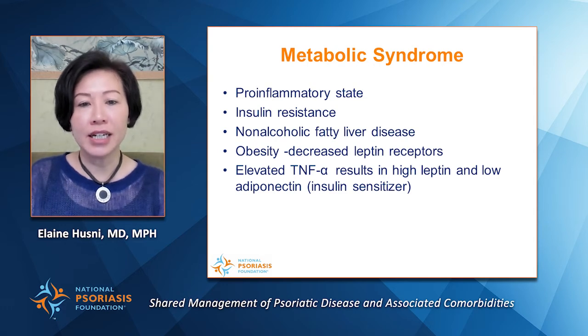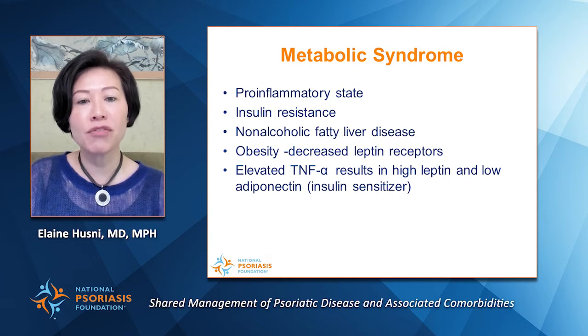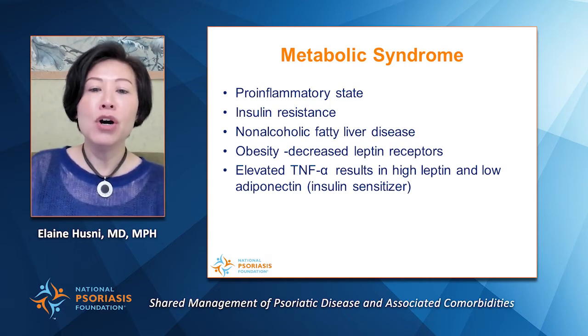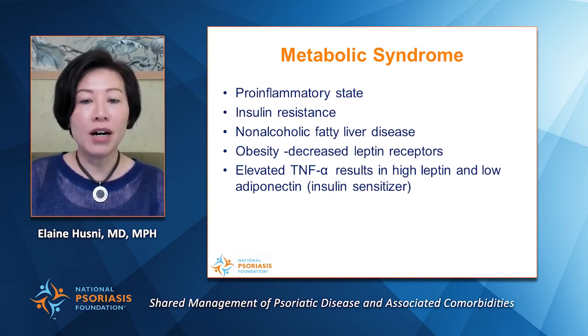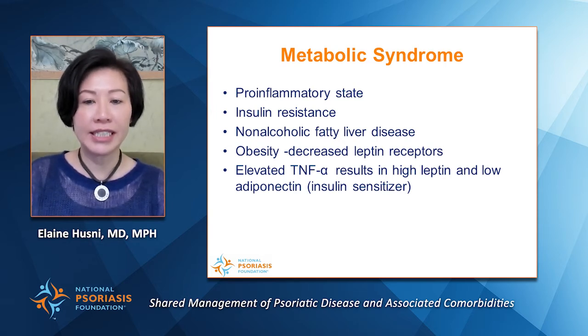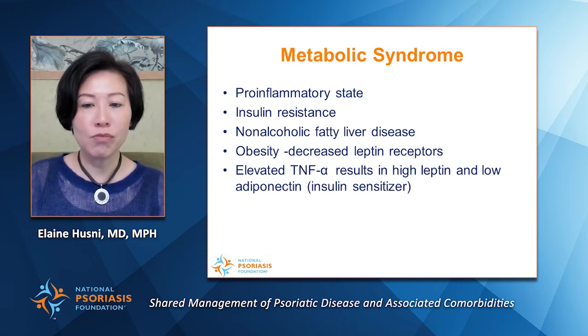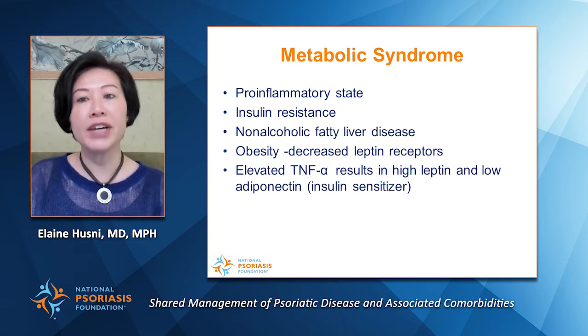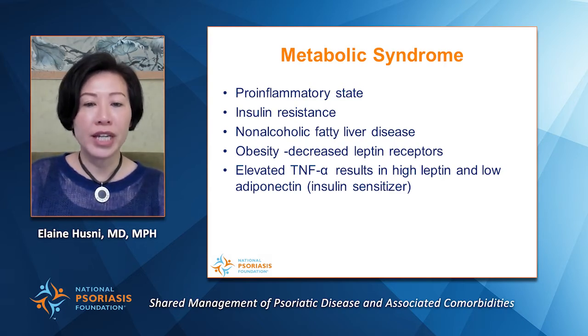We know this is accelerated by this pro-inflammatory state, and patients with psoriatic arthritis, unfortunately, can have a low-grade systemic inflammation, which can then augment insulin resistance, fatty liver, and also contribute to further obesity, as well as elevated TNF. Just really resulting in not a great ratio between elevated leptin and adipocytokines as well, furthering the insulin resistance theory.